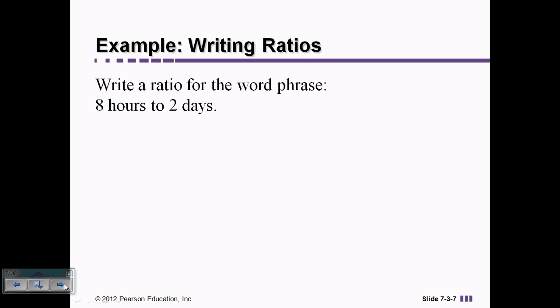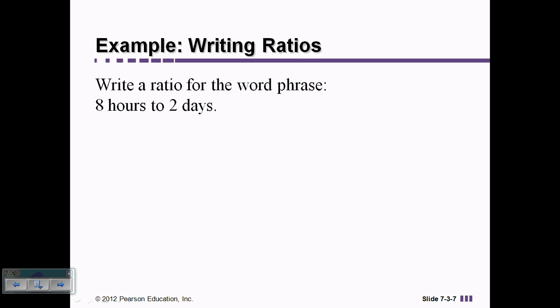We have 8 hours to 2 days, and we want the ratio. So we cannot just write 8 to 2. We need to make sure that we either have both of them written in terms of days or both of them written in terms of hours. Well, it's a lot easier to write how many hours in a day than it is to write how many days in 8 hours, because that would be a fractional number.